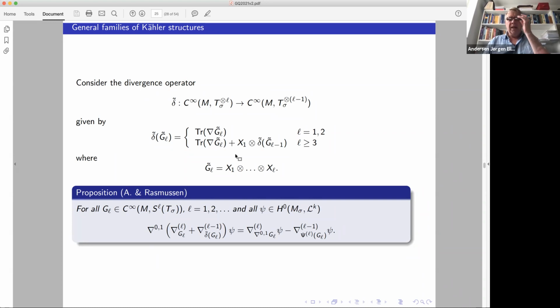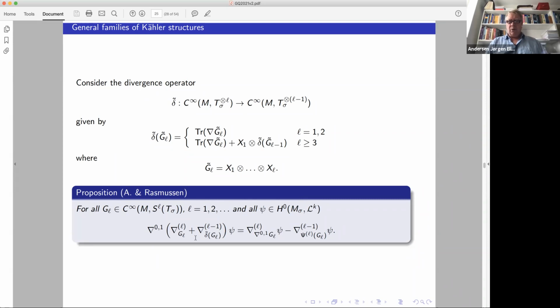Okay, and now the main theorem, the main calculation behind this, says the following, and this is joint with my former student Rasmussen. If you take a degree L symmetric tensor and a holomorphic section of L to the k, so we're fixing some sigma in our family, so we have a Kähler manifold.